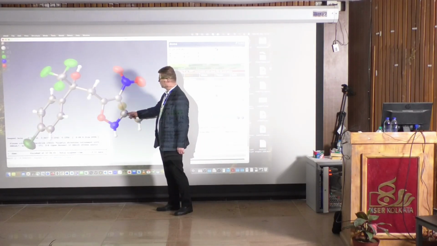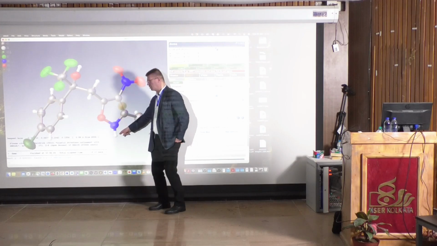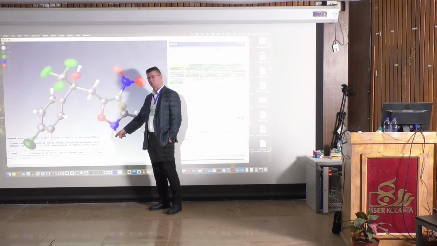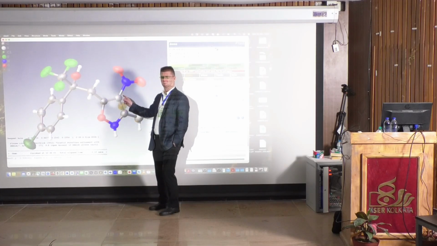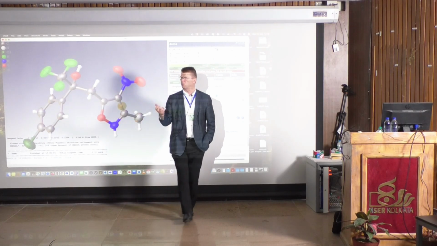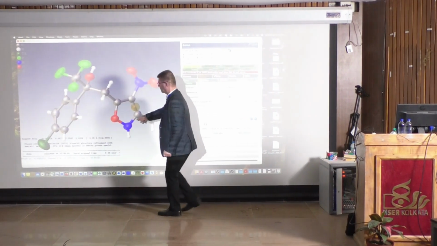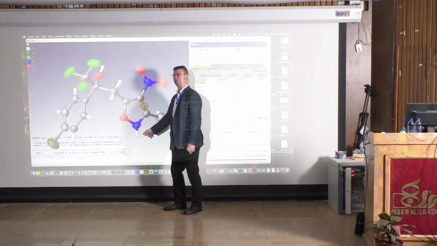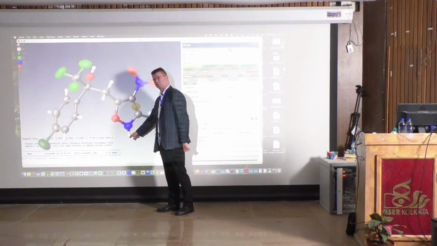In this carbon, this is also sp2. So if this hydrogen would be real, that would have a plus charge, and we would have to have an anion. So the computer was looking for it because it doesn't really know it, so it mathematically looks for the bond distances in here and there, and says, okay, it seems that there's a hydrogen missing from this atom, and it places it.